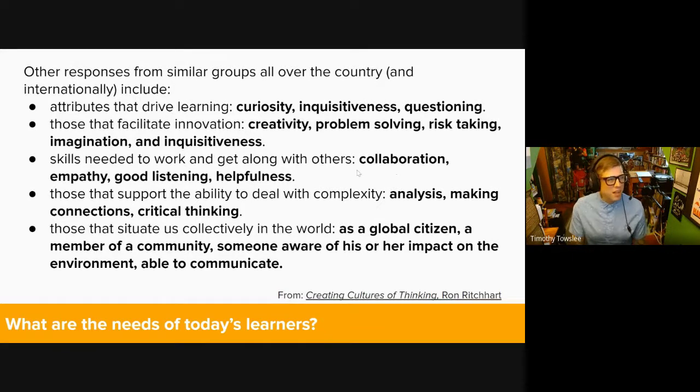We wanted to see the collaboration, good listening, which I think is one of those interpersonal communication skills that's mentioned in the chat. I think 90% of communication is shutting your mouth for a little bit and listening to what those around you need to say. Making connections between people, ideas, texts, and then serving as a global citizen, a member of a community, someone who's aware of his or her impact on the environment that they live in.